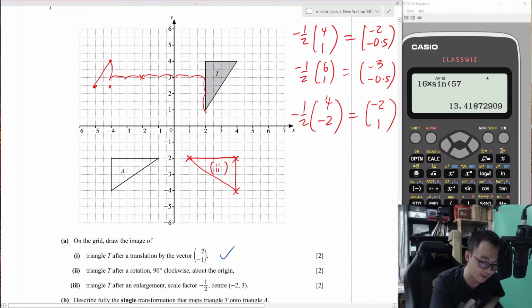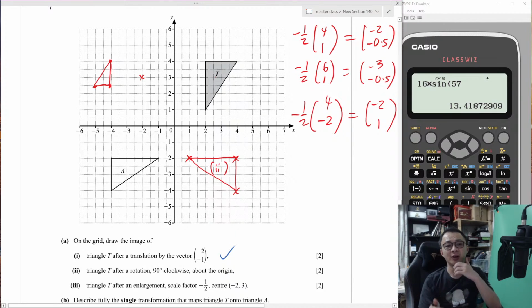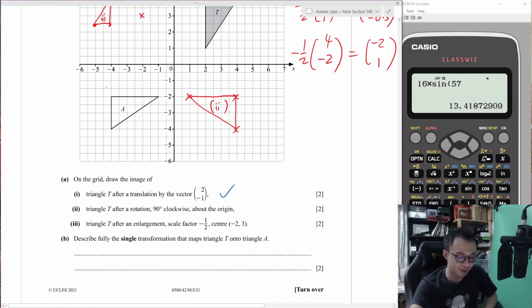This is the last point. So this is my enlargement of -1/2, after the enlargement, sorry. Alright, so always calculate from the center point, then it shouldn't be too difficult for you.